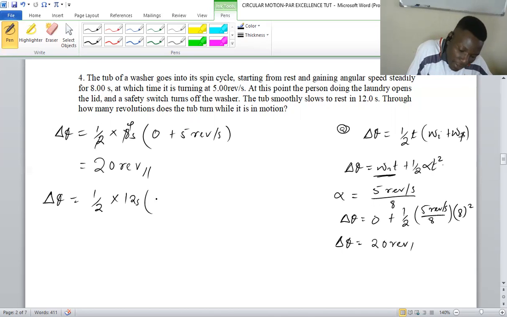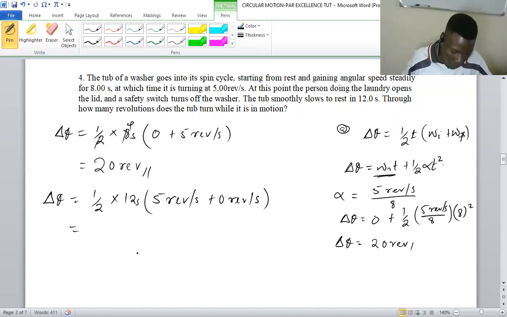So we have 5 rev per second plus 0, because it's going to rest. So here outside we're going to have 6 seconds multiplying by 5, we're going to have 30 revolutions. So you can use this method as well. You're going to have 30.